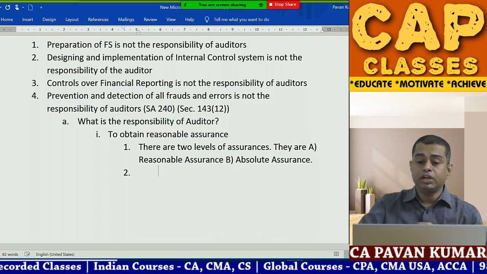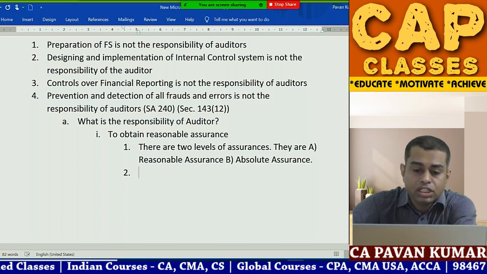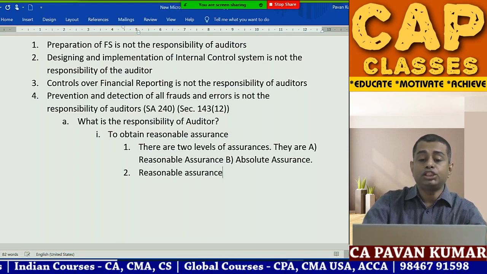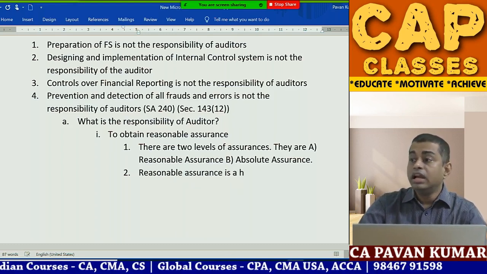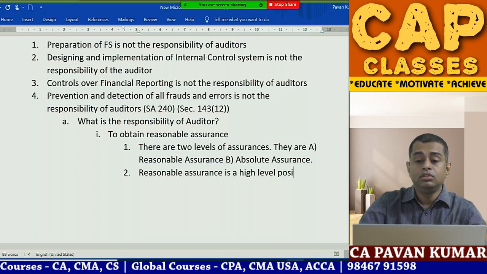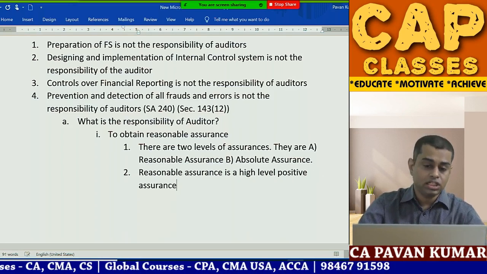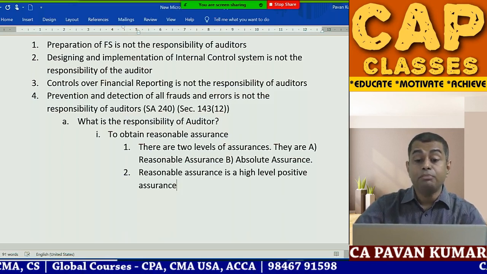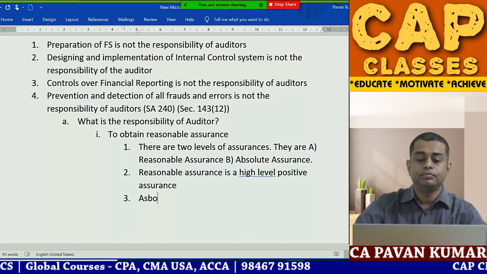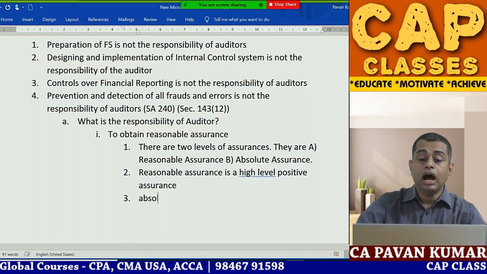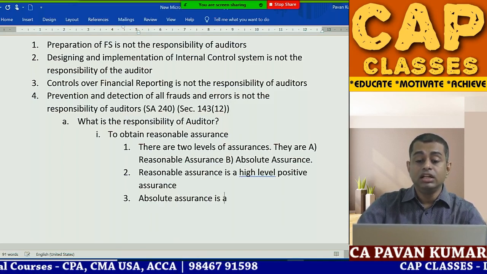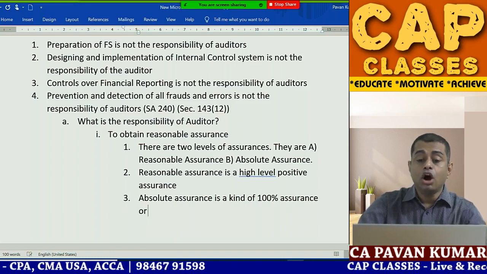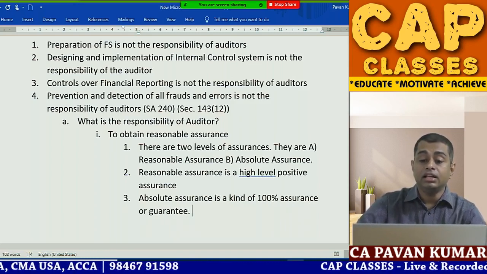Another write down. Reasonable assurance is a high level positive assurance. Absolute assurance is a kind of 100% assurance or guarantee.